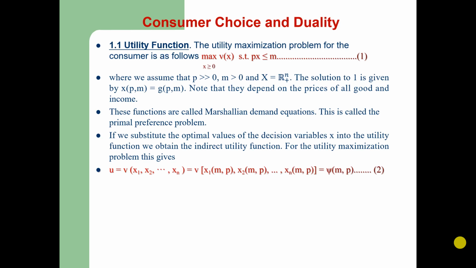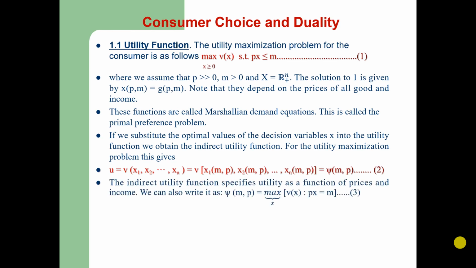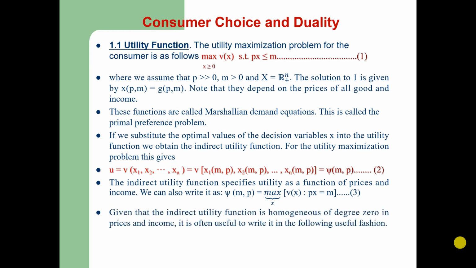This is equation number 2. The indirect utility function specifies utility as a function of prices of goods and income. So we can also write this as this function of money income m and price vector p, and that is equal to maximize utility subject to budget constraint, and this is equation number 3.